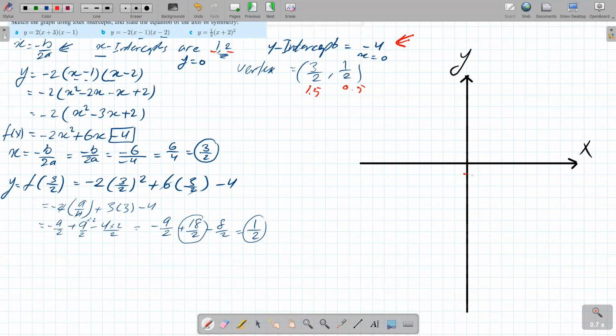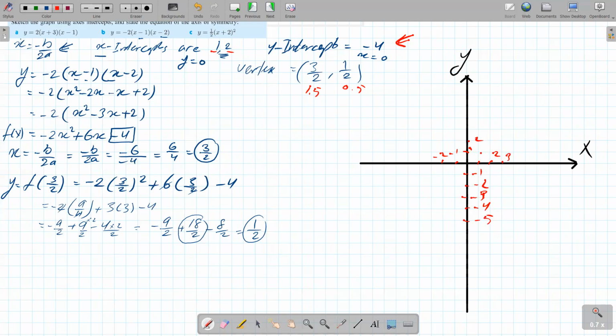Here we have -1, -2, -3, -4, and -5, and here we have 1 and 2 and 3. On the y-axis, here we have -1 and -2, and here we have 1 and 2.